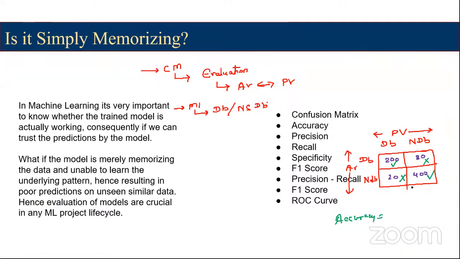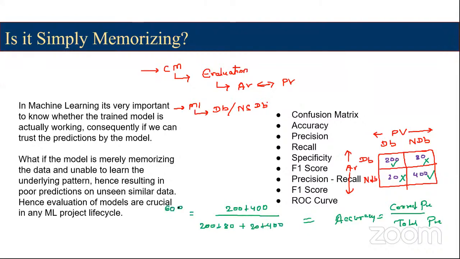Accuracy is correct predictions divided by total predictions. In this confusion matrix, correct prediction is 200 plus 400, divided by total prediction, which is 200 plus 80 plus 20 plus 400. So this is 600 by 700. Is this clear, guys?